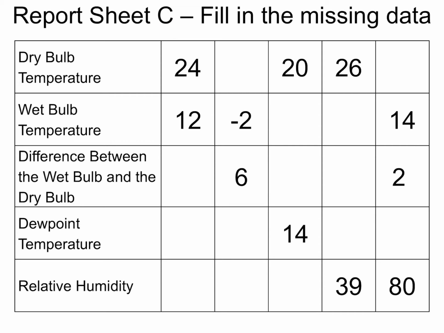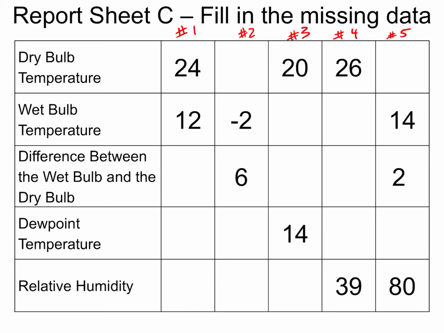This is the way this is organized. This is question number 1, 2, 3, 4, and number 5. Each column is a question. Given the information provided, you should be able to fill in the blanks on your lab. For example, I'll do number 2 with you since that's a little different. The wet bulb and the difference is what they gave you.